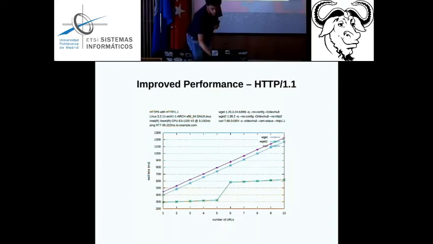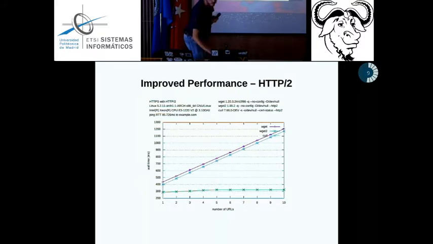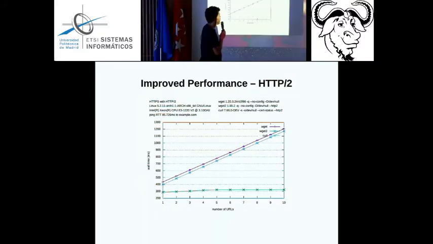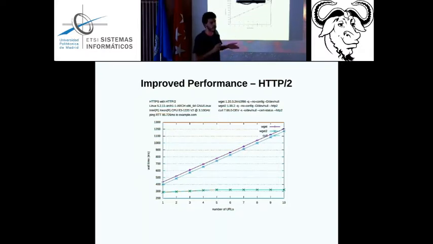And this is HTTP 2, which WGET1 doesn't support, so WGET1 is still with 1.1. Curl has HTTP2. So we can see that it works much better.